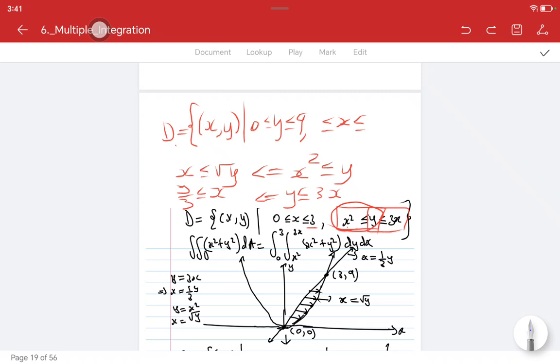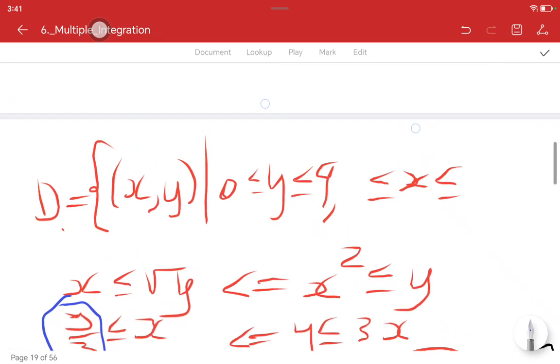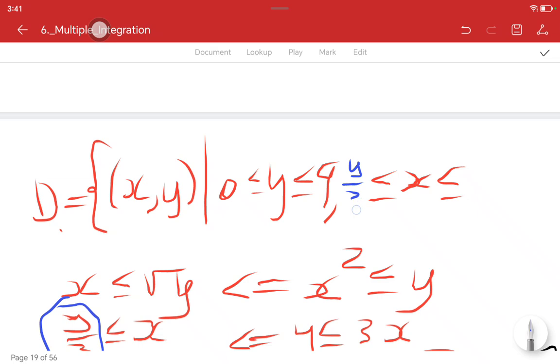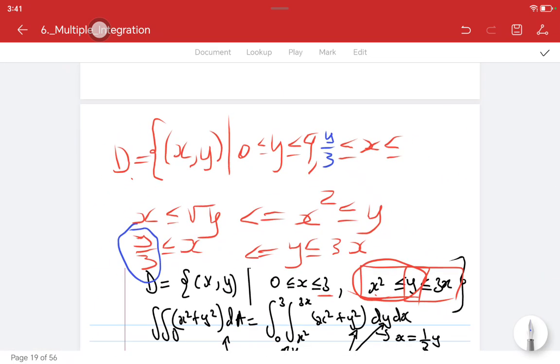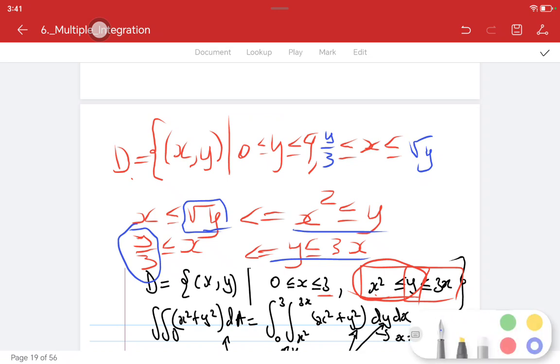By looking at this, you can tell me. You see this one, it's saying it's less than x. So it means that it should come below. Do you agree with me there? Yeah, that's correct. And then this one says the root of y should come above. Then that's how we're going to change this one.